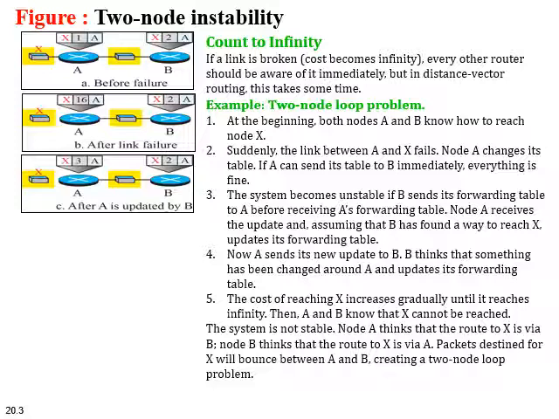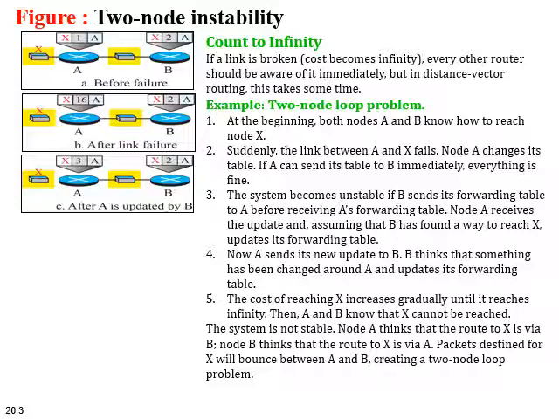The problem is that instead of A sending its updated table to B, B has forwarded its table to A. Now A thinks that B might have computed some alternative route to reach X. So A updates its table, thinking B has an alternative route, as A to X with a cost of 3, because the cost of A to B is 1.